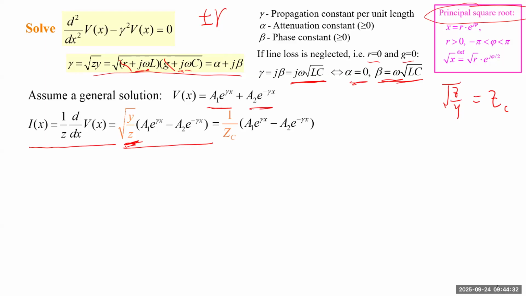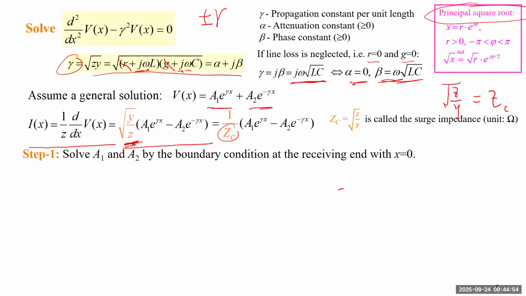The name of ZC is surge impedance. We'll talk about this surge impedance later. It also has physical meaning. Right now you just think we introduce gamma and ZC to make the equation simpler. We call it surge impedance because it really is an impedance. The unit is the same as impedance, in ohms.